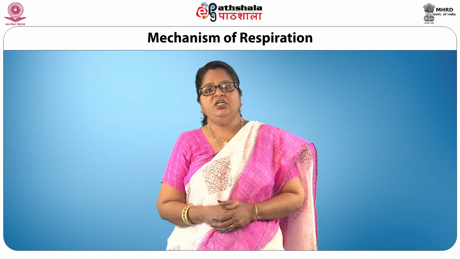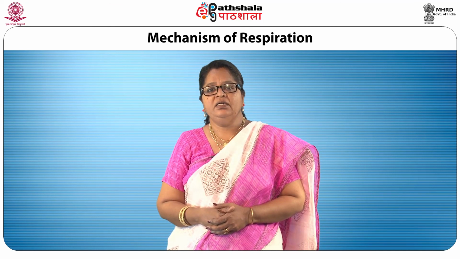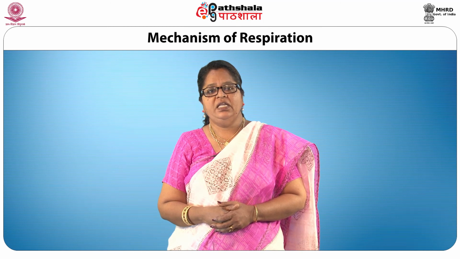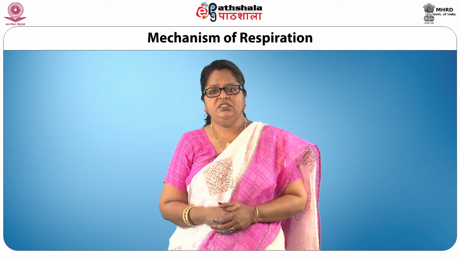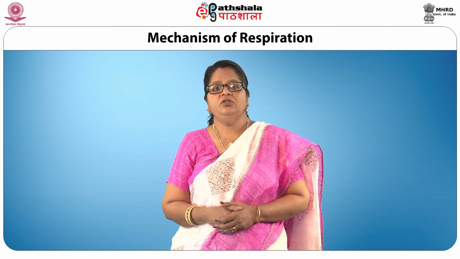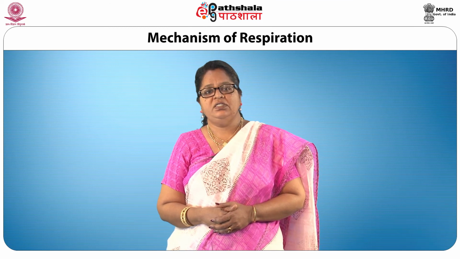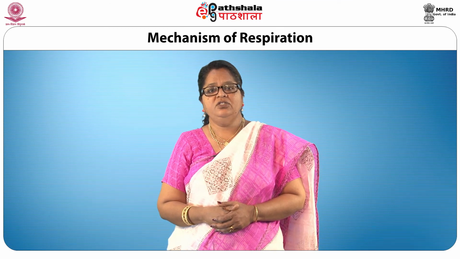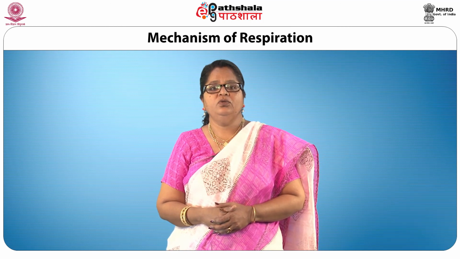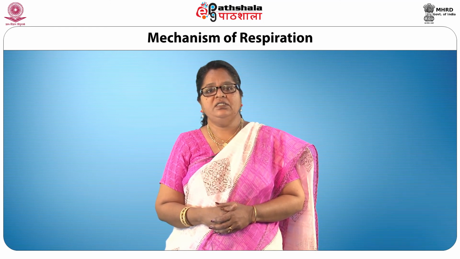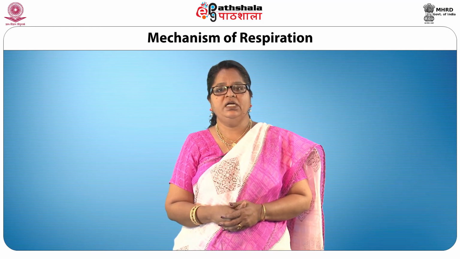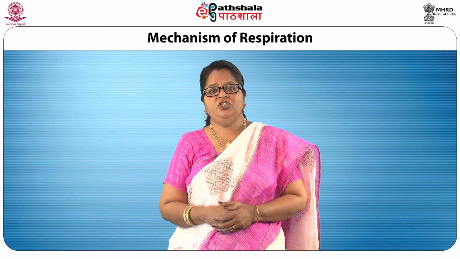This is the energy required to expand lungs and thorax against the elastic force. The work done to overcome this elastic resistance is called compliance work. The third factor is the non-elastic viscous resistance. This is the energy required to overcome the viscosity of the lung tissues and those of the thoracic cage. The work done to overcome the viscous resistance offered by the tissues of the lungs and the thoracic cage.